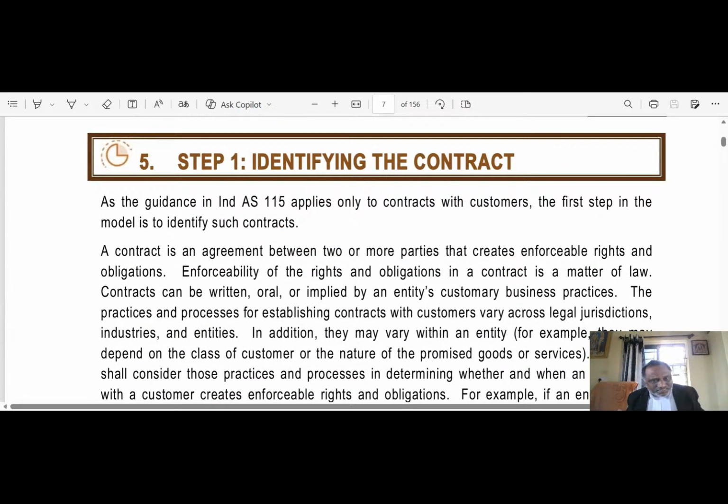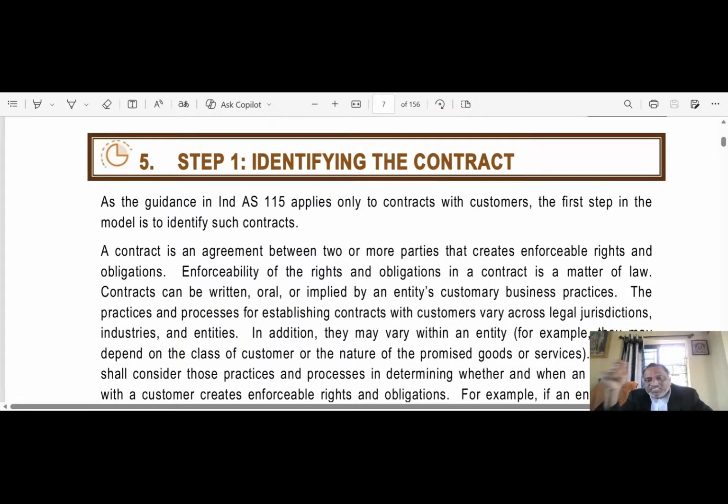As the guidance in IND AS 115 applies only to contracts with customers, the first step in the model is to identify such contracts. A contract is an agreement between two or more parties that creates enforceable rights and obligations.